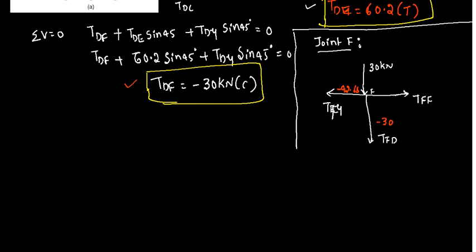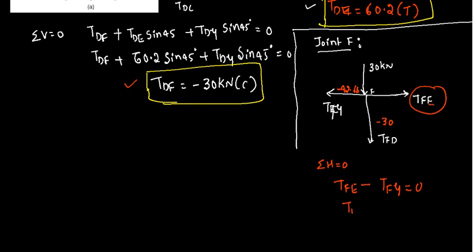So now only the unknown is TFE, right. Therefore I need to consider summation of horizontal forces, because TFE is the only unknown now. So this is in the positive direction, TFE minus TFG is equal to 0.